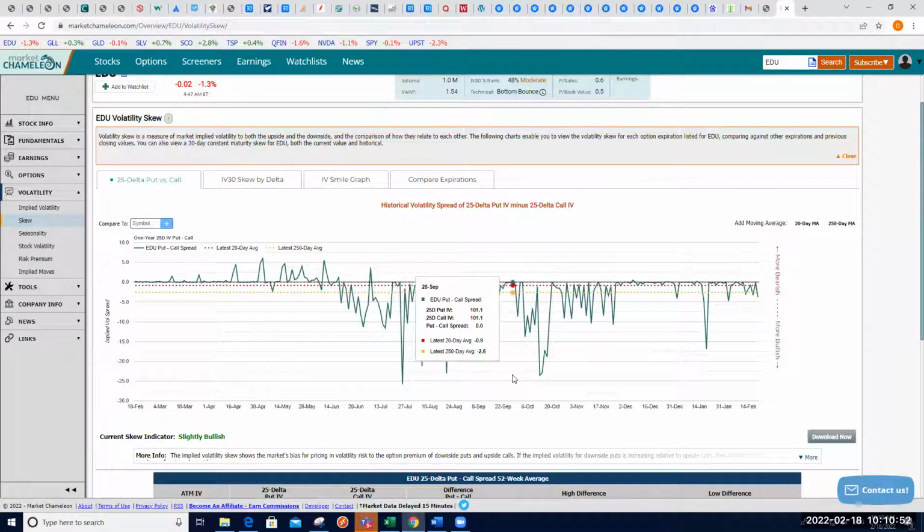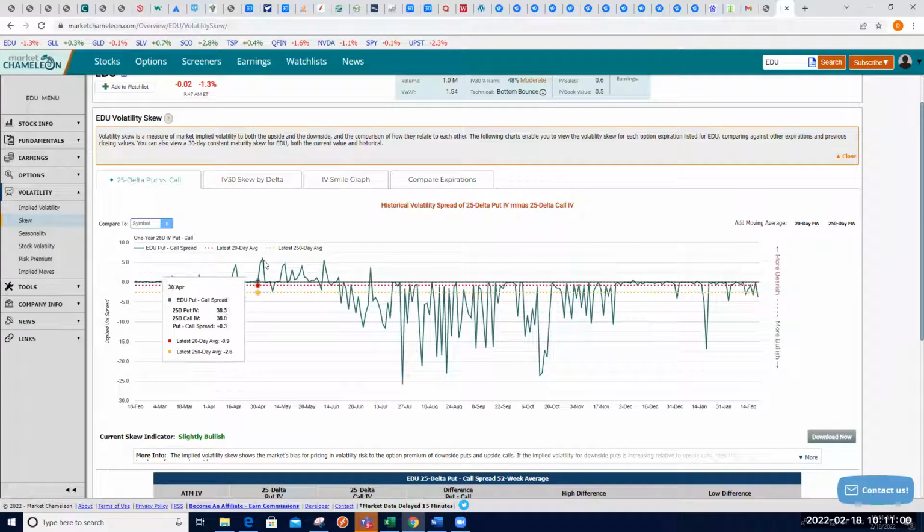The market thinks there is a huge risk. Okay, I see. So they want to buy the put, and the price of the put will increase.